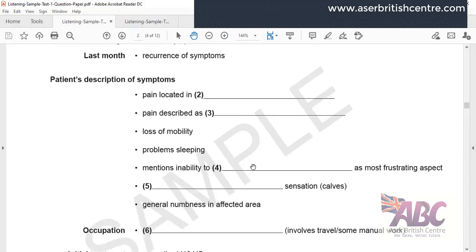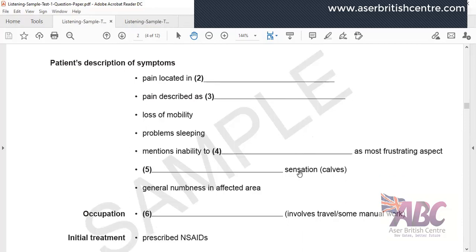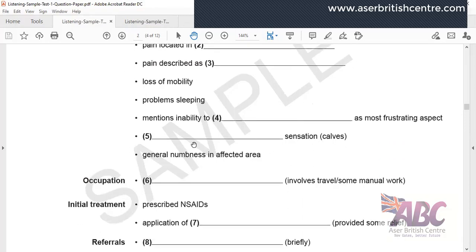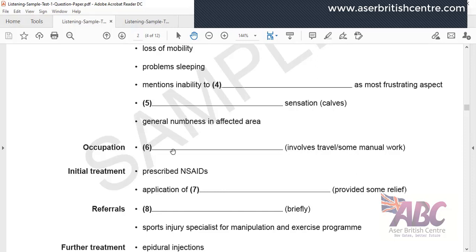Mention inability to, it's a verb, and it will be in infinitive form. Yes. Sensation coughs, mainly will be an adverb, something like that. Occupation, it's a noun, and it's a job here.